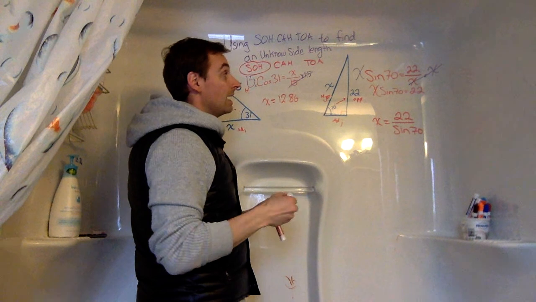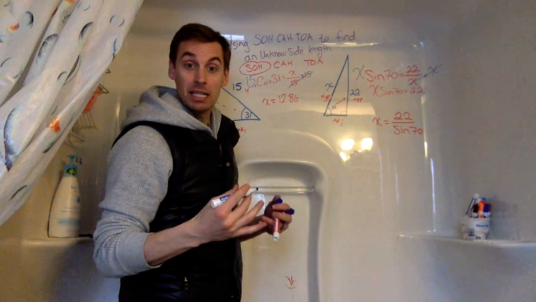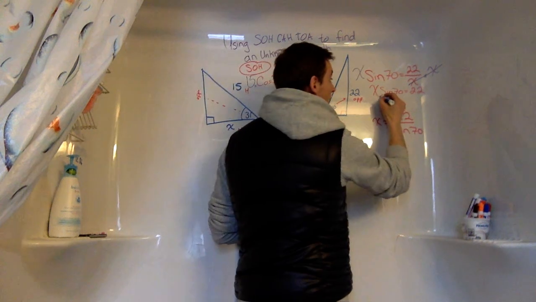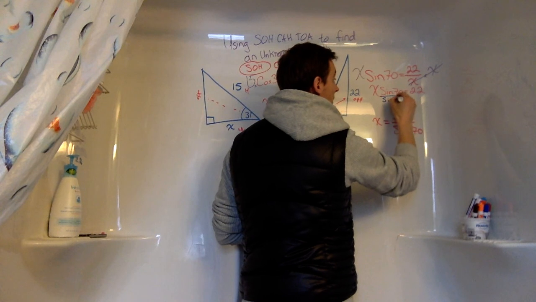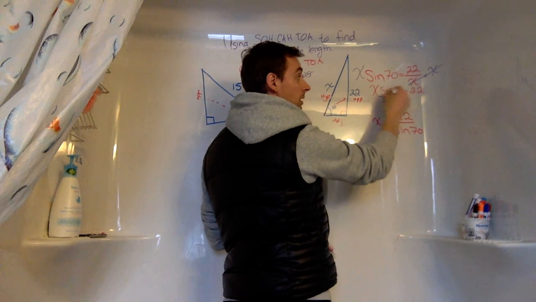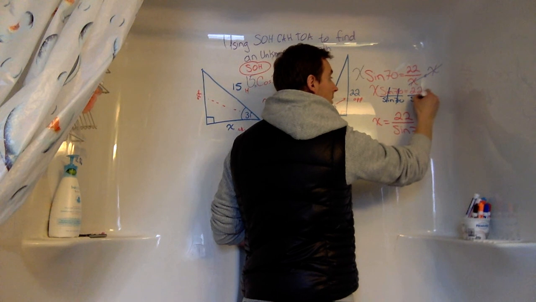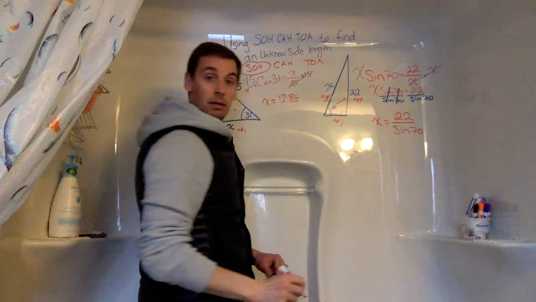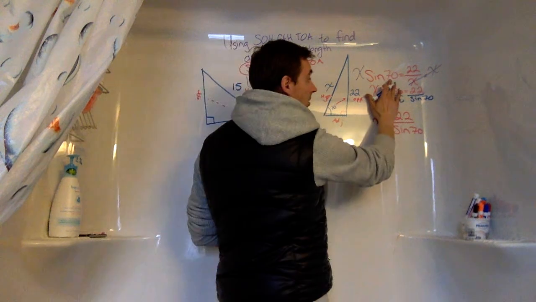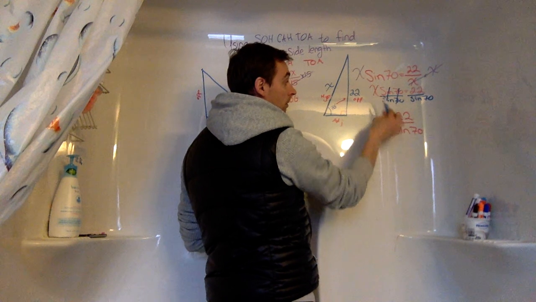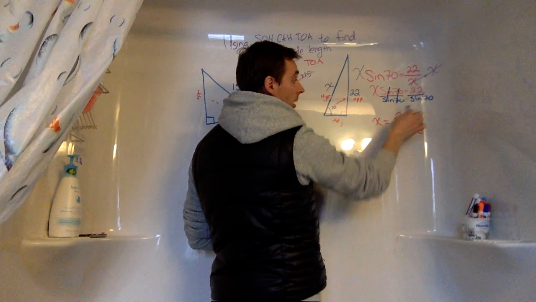Now I still need to get my x by itself, so I need to get rid of this sine 70. I'm going to divide by sine 70 because these two are being multiplied together, so I can use division to cancel it out. But I'm also going to divide by sine 70 here as a result. Now that this is canceled, I'm left with x equals 22 over sine 70.